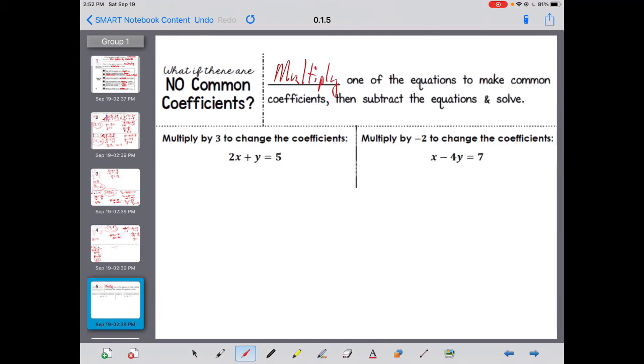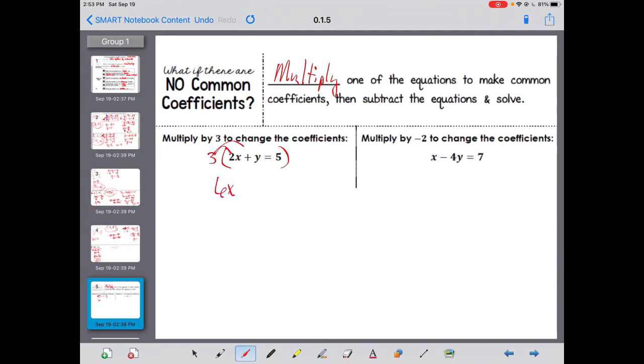changing all the signs. Instead of a negative 1, we're going to multiply by a negative something so that we match one of those coefficient numbers but keep different signs so we can combine them down. So, multiply by 3 to change the coefficient. We're going to multiply the whole equation by 3.